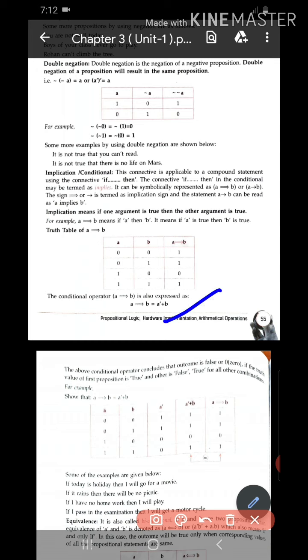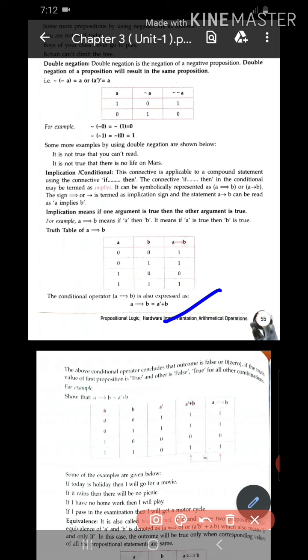See this. A one-sided arrow B, means A implies B, has a formula that is A dash plus B. If we want to solve it, we can solve it by using this formula. See what happened. A dash plus B means we have to solve it. How we are going to solve it: we are having the truth table also.